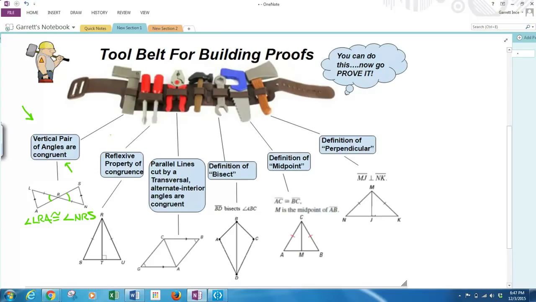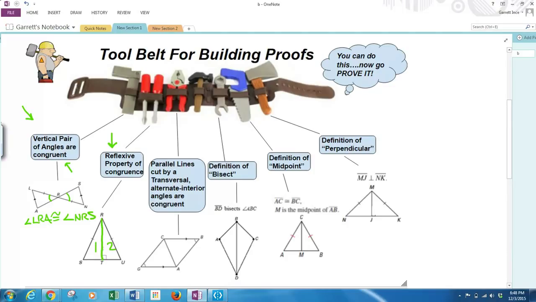Next up, let's take a look at what's referred to as the reflexive property of congruence. This is an idea that pops up whenever you have two shapes sharing something. They could be sharing a side or perhaps sharing an angle. In this example, I'm going to identify the smaller triangles as triangle 1 and triangle 2. And if you look close, they end up sharing side RT, meaning that RT would really be in both of those triangles if you were to try to take some scissors and cut down the middle.